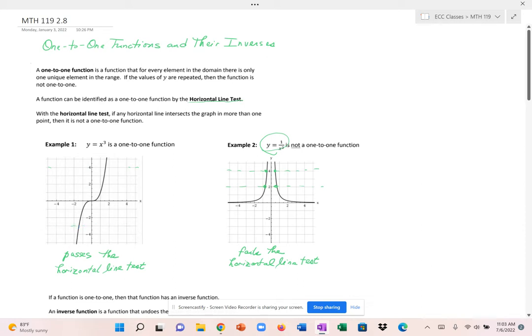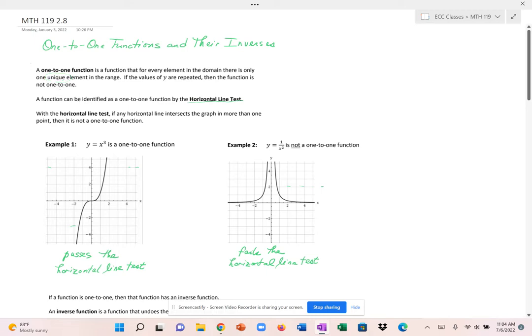Going back to the original definition, when x is 1, I have a y value up here, but when x is -1, the same y value is repeated. The y's have to be unique, so the second graph is not a one-to-one function.